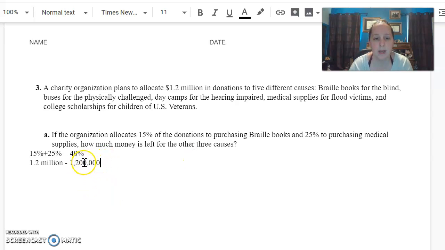Here's thousands, hundred thousands is at the 2, 1 million. So 1,200,000 is 1.2 million. I'm going to take that and multiply it times my 40%, which I changed to a decimal as 0.4.